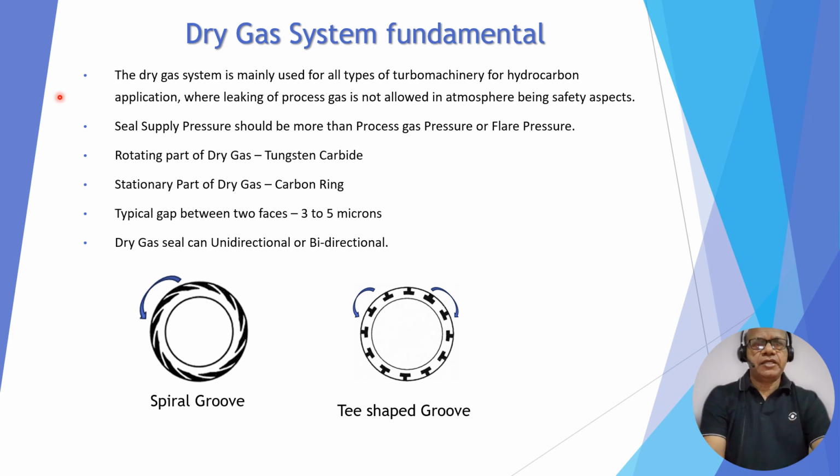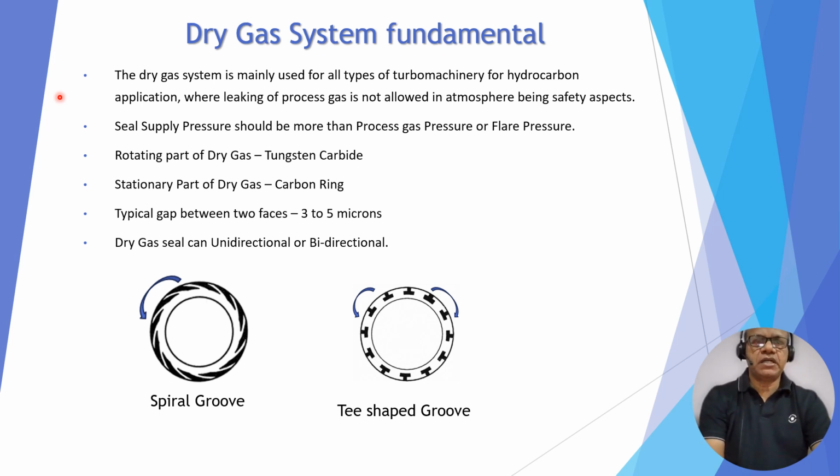And the basic philosophy of dry gas seal says that the seal supply should be more than the process gas or flare side, so that the process gas should not come into the atmosphere.